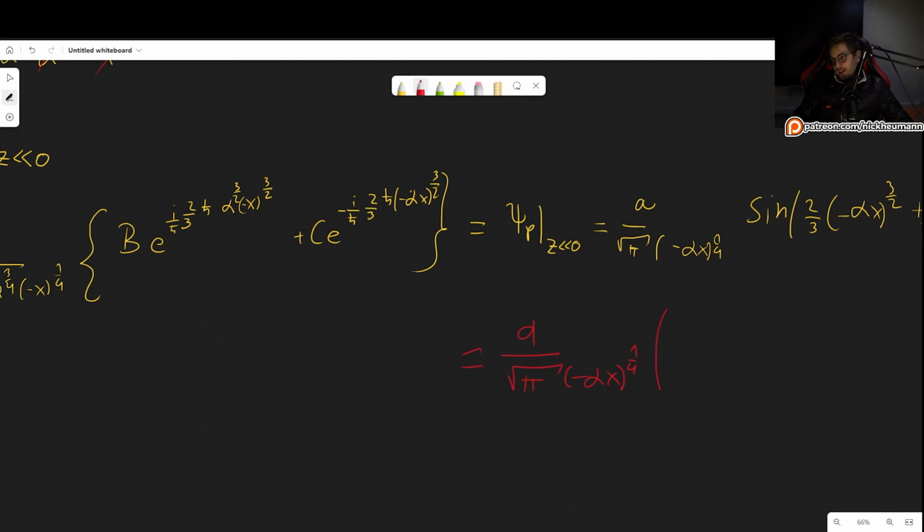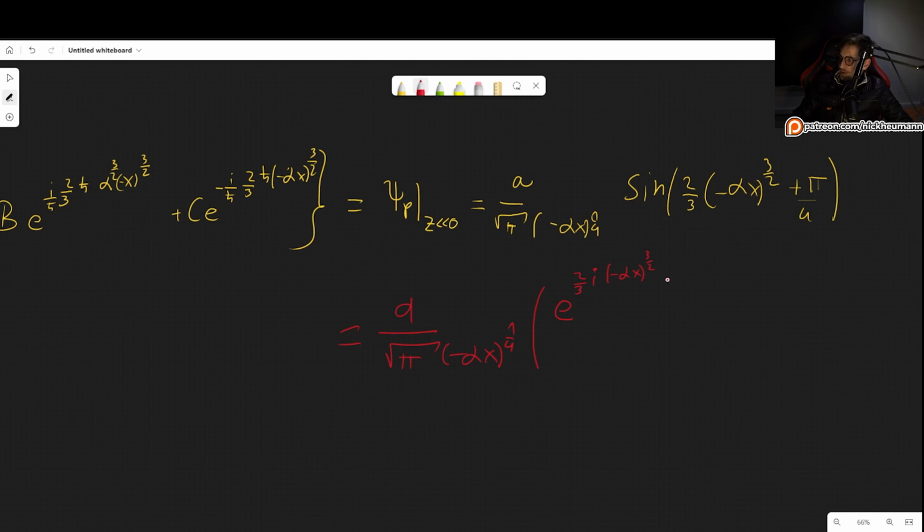And the sine is simply e to the 2/3 times I, of course, there's an I now, and then minus alpha x 3/2, and then we have this pi over 4, which is plus pi over 4, but we can also write this as multiplying another exponent, so e to the I pi over 4.